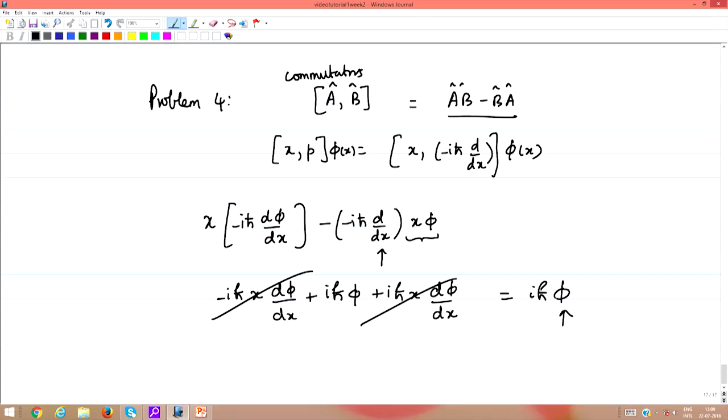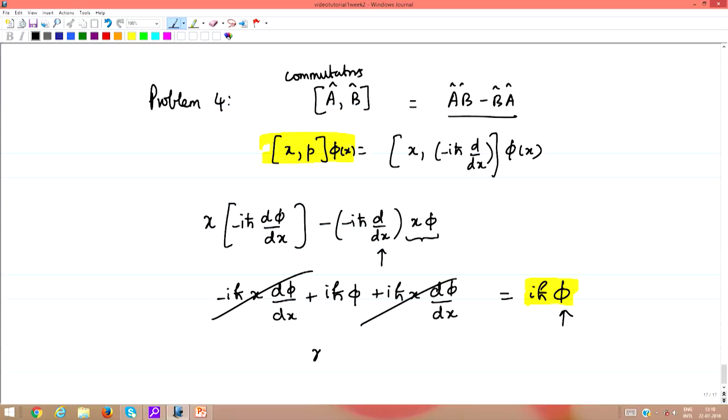Now, phi is an arbitrary function, and the commutator x p acting on that function is therefore equivalent to multiplying that function by i h bar.